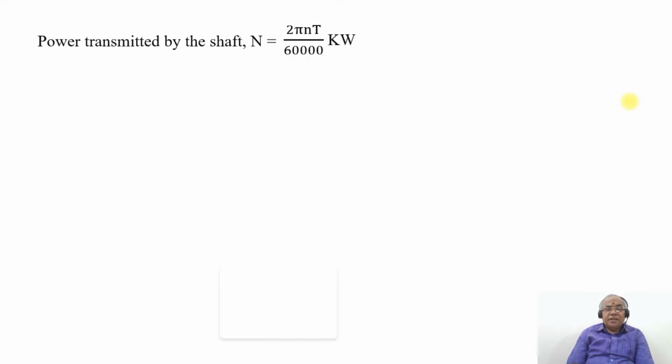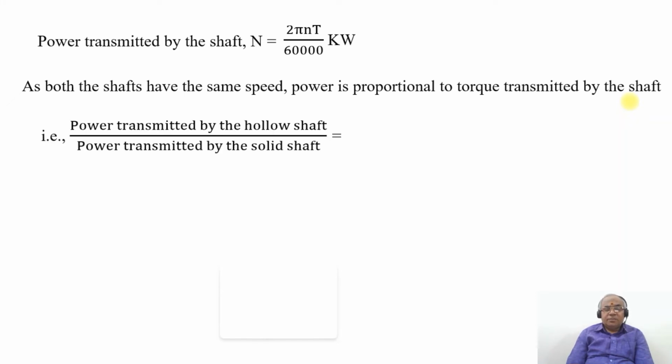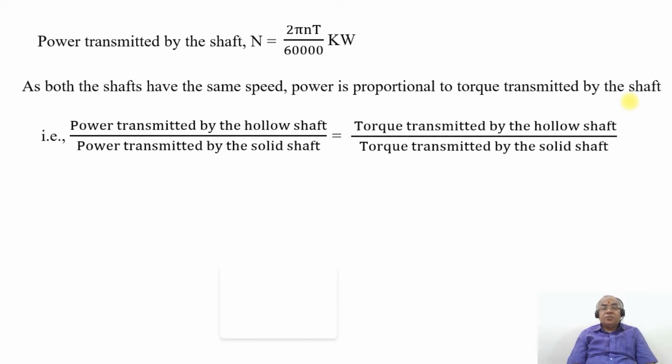Now, what is the power transmitted by the shaft? Capital N will be equal to 2 pi NT by 60,000 kilowatt. As both the shafts have the same speed, power is proportional to the torque transmitted by the shaft. So the power transmitted by the hollow shaft divided by the power transmitted by the solid shaft will be equal to the torque transmitted by the hollow shaft divided by the torque transmitted by the solid shaft.